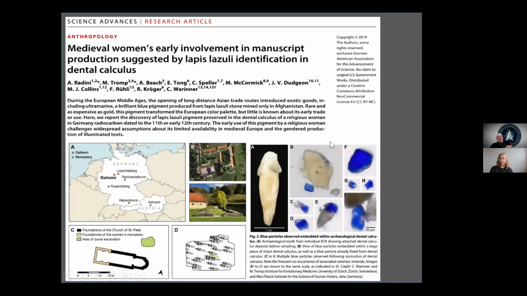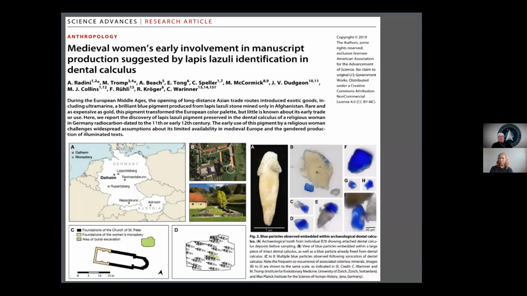The last thing I'll talk about very briefly, just frontiers-wise, is that last year we published an article looking at the occurrence of this blue pigmenting agent, which turned out to be lapis lazuli, a semi-precious gemstone that showed up in the calculus of nuns working in a monastery in Germany about 1100 years ago.